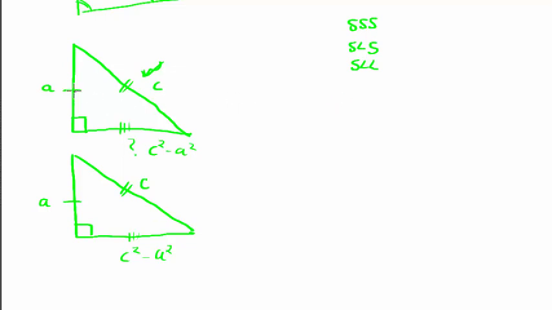But notice it's not side, angle, side, because I didn't have this to begin with. I'm given the hypotenuse and another side. Now in this case it's a special case where the third side is given by a formula. So if I have any two sides in a Pythagorean triangle or a 90 degree triangle, the third one must then be given by the same formula.